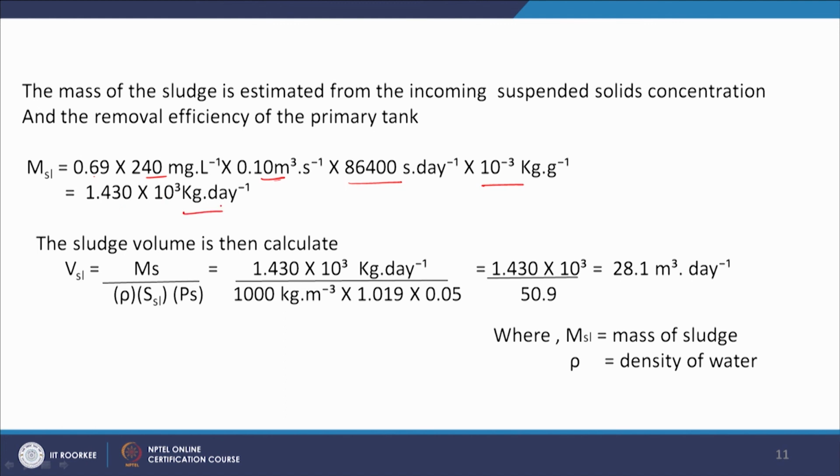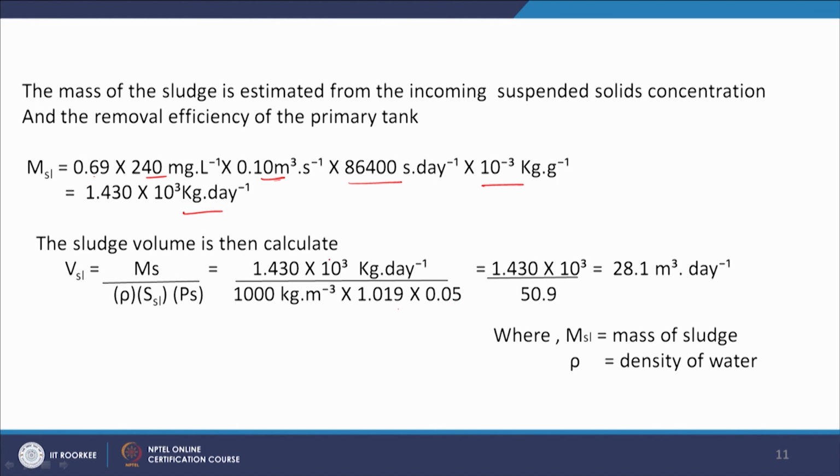Then the sludge volume can be calculated like this: V_SL is equal to M_SL divided by rho into P_S into S_SL. So, that is equal to 1.430 into 10 to the 3, M_SL we have got, and rho is given, 1000 kg per meter cube, and S_SL 1.019 we have calculated, and P_S, solid content, 0.05.